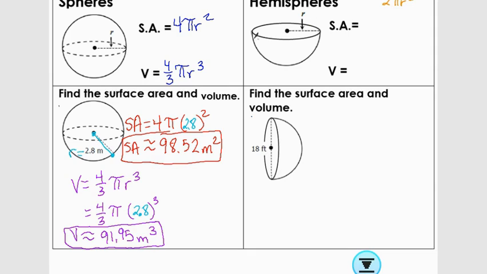But that wouldn't be all of my surface area because when you slice it open, you pick up this new surface that's not part of the regular sphere. You pick up the surface of this circle right here.